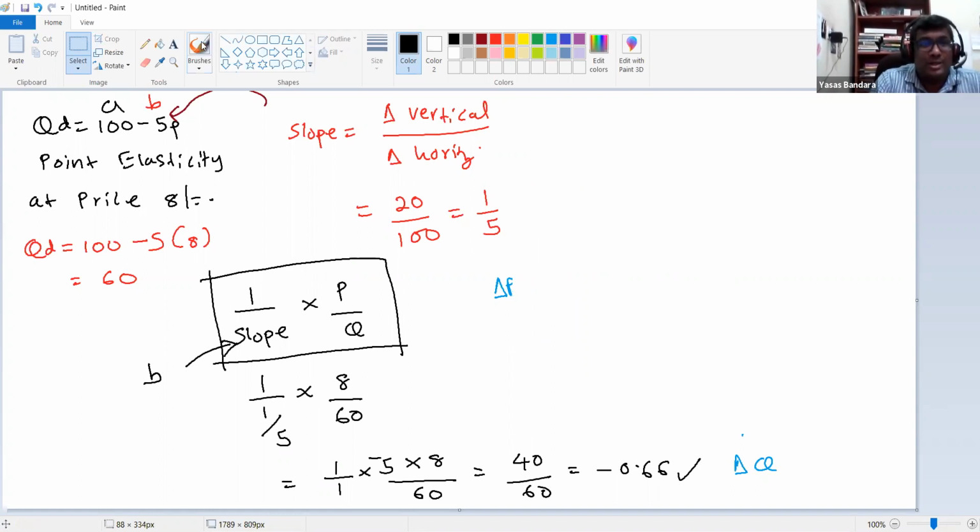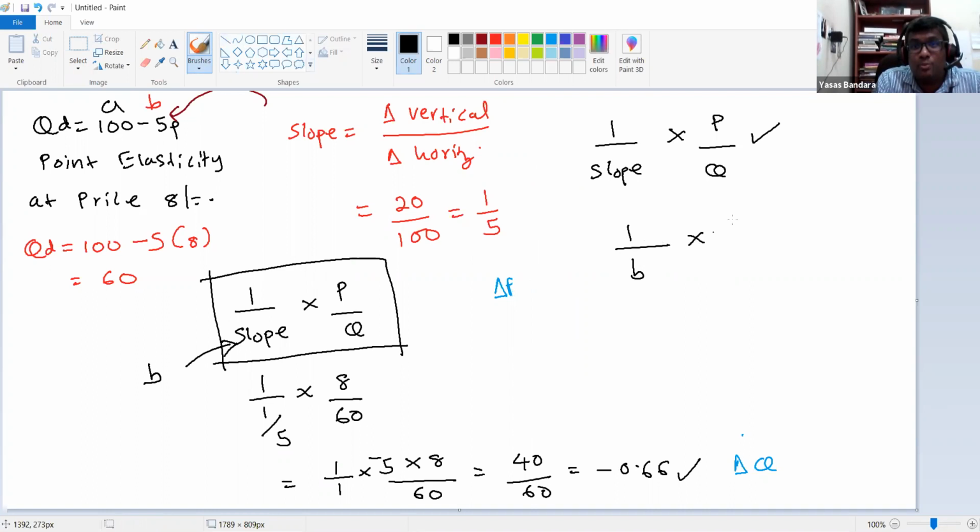Now, this is how it is given in the textbooks. Point elasticity, 1 over slope into P over Q. And then they have given it as 1 over B into P over Q, or QD.